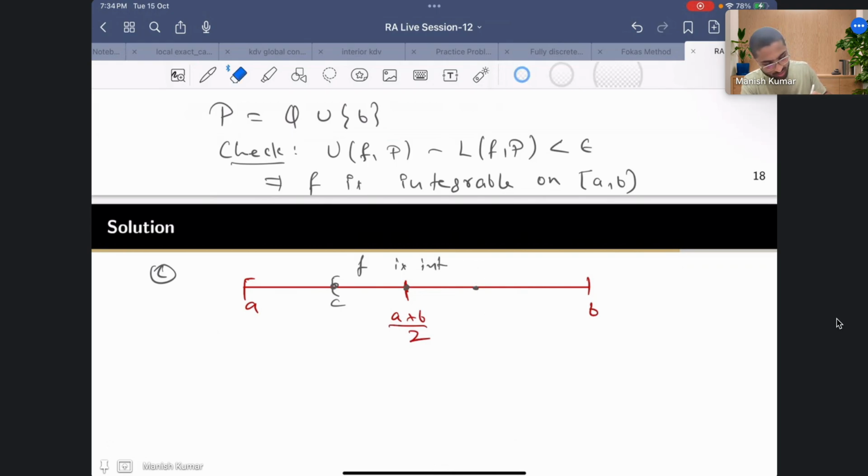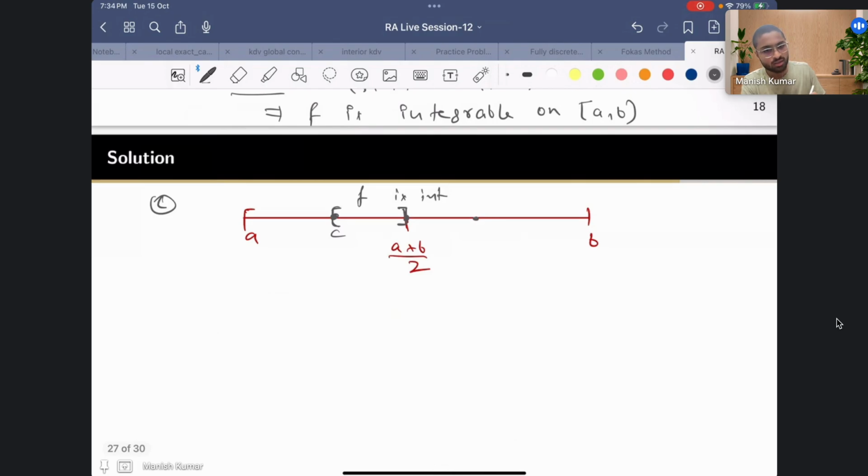According to the property of the function, I know that f is integrable on [c, (a+b)/2] for any c lying between a and (a+b)/2. So I have fixed one endpoint, (a+b)/2, for all c belonging to [a, (a+b)/2].